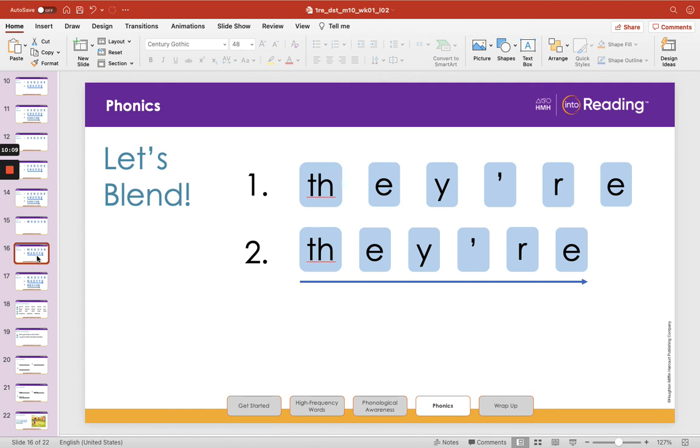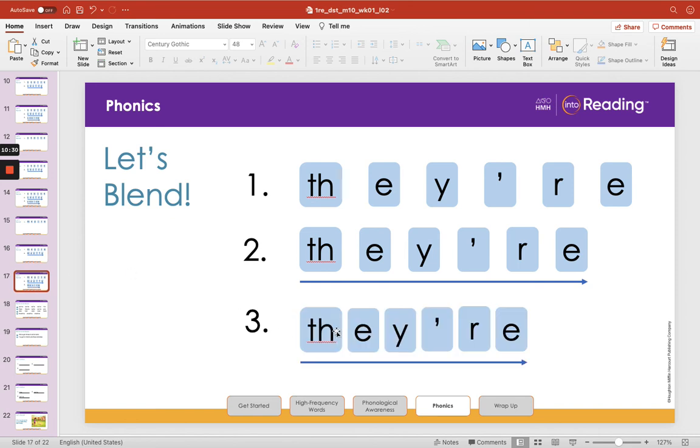Notice that the E, Y, and R are set closely enough together that they stand for our R-controlled vowel sound, R. Ready? Blend with me. They're, they're, they're. And I can read the word they're.